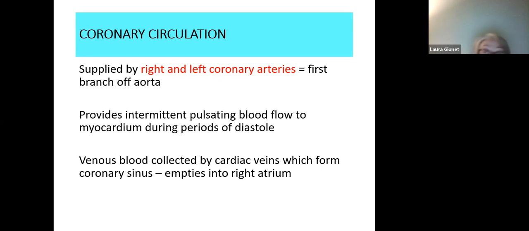So that's a problem. You need contraction followed by periods of relaxation, to allow oxygenated, nutrient-rich blood to regularly pass through the myocardium and perfuse that tissue to provide enough nutrients and oxygen to continue to contract.